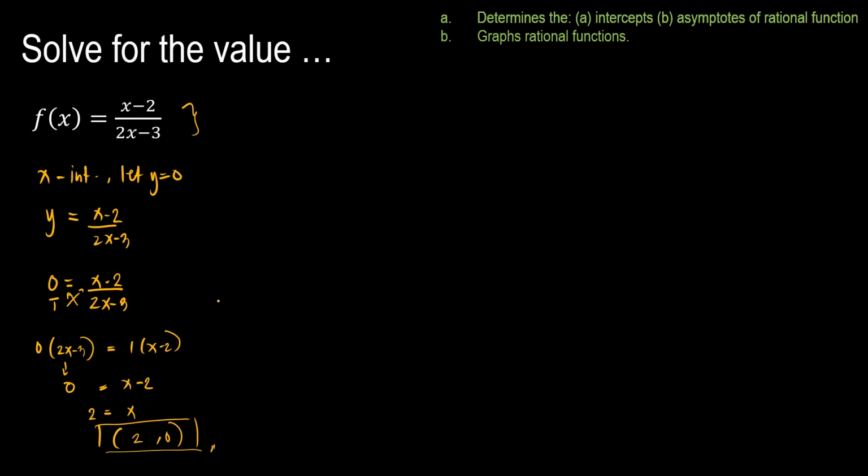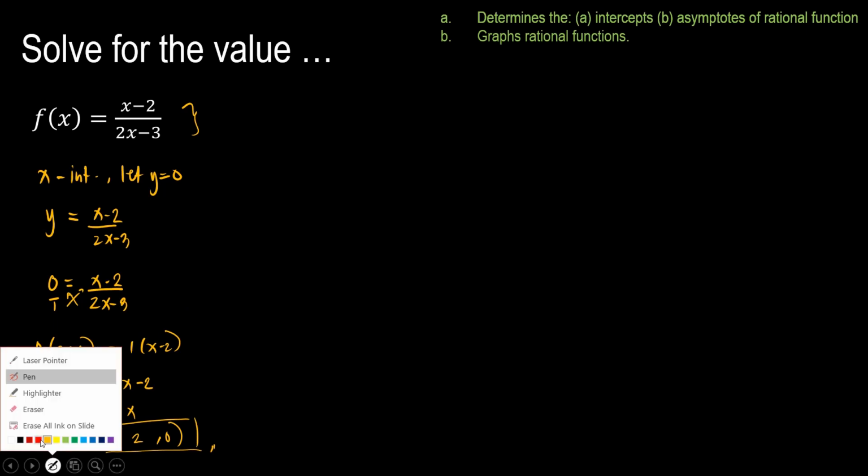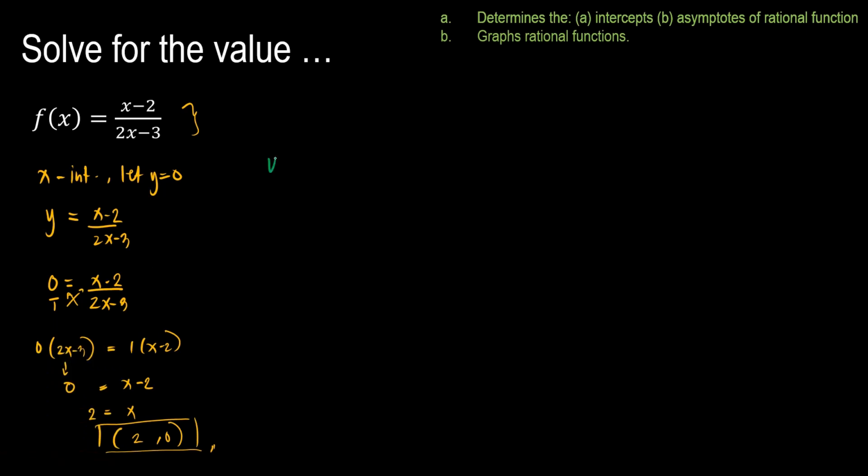Okay? Now, let's get the y-intercept. So y-intercept, for us to get that, we're going to let x is equal to 0. Since we have the function f of x is equal to x minus 2 all over 2x minus 3, we can rewrite that as y is equal to x minus 2 all over 2x minus 3. So y is equal to, substitute mo lang si 0 sa x, we have 0 minus 2 all over 2 quantity 0 minus 3.